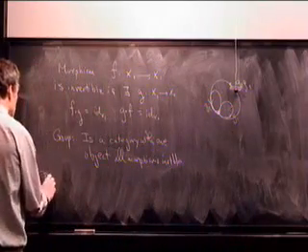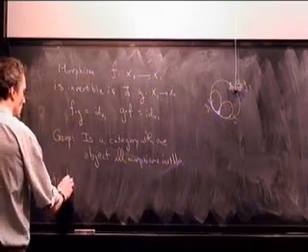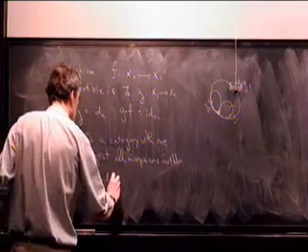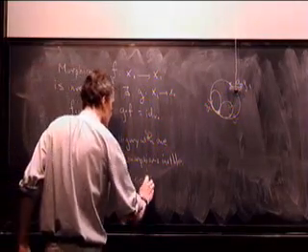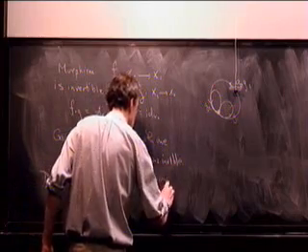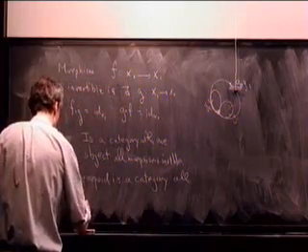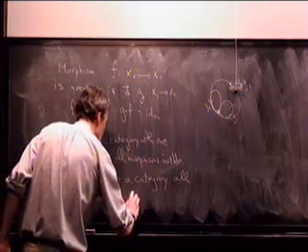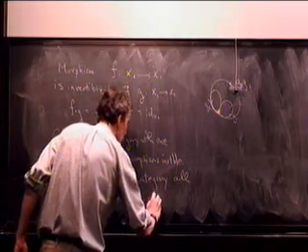So, definition. A groupoid is a category, all of whose morphisms are invertible.